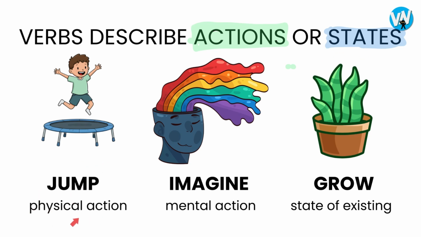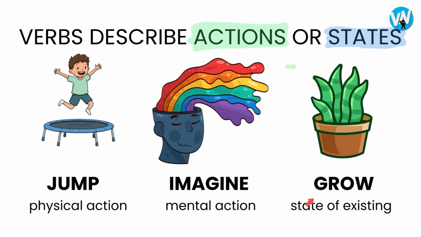Very, very obvious ones are these physical actions. So jumping, walking, running, climbing, bouncing, very, very straightforward and simple. Then we've got actions that might be performed in our head, so things like thinking or imagining, where it isn't something obvious that the character or the object or subject is doing, but it's something that is still being performed.